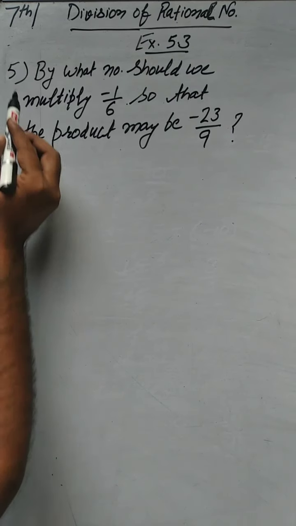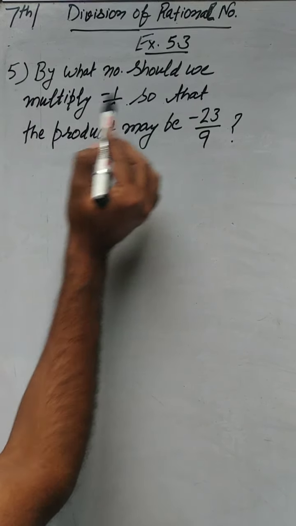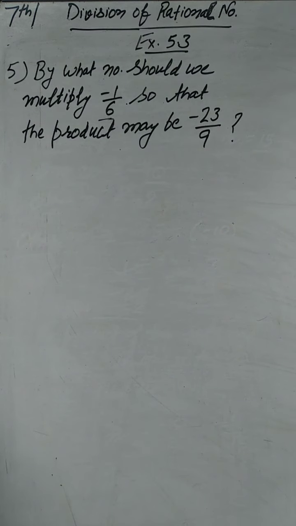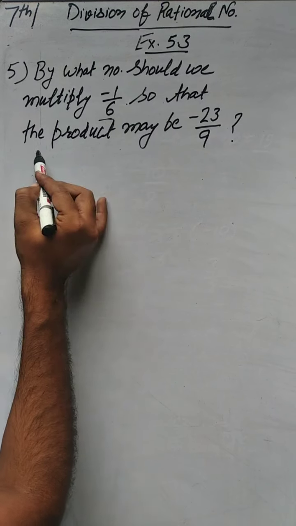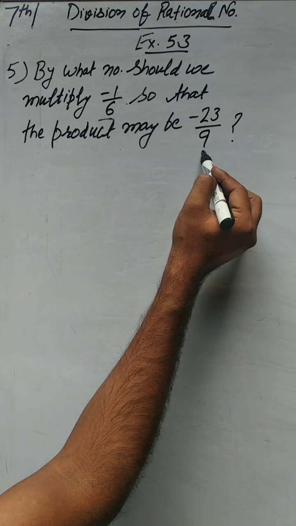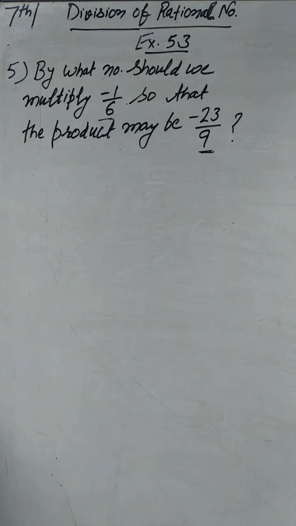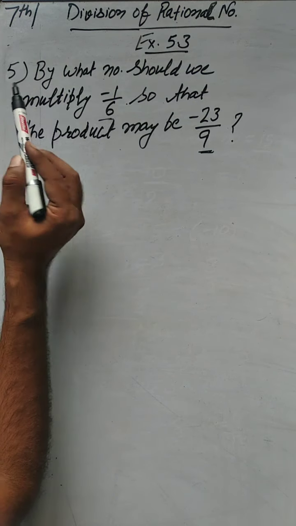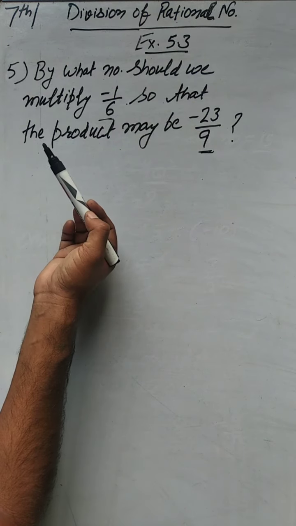Yes beta, question fifth. By what number should we multiply minus 1 upon 6 so that the product may be equal to minus 23 upon 9? Beta, this is also the same as questions third and fourth, but he is asking you in an indirect way.